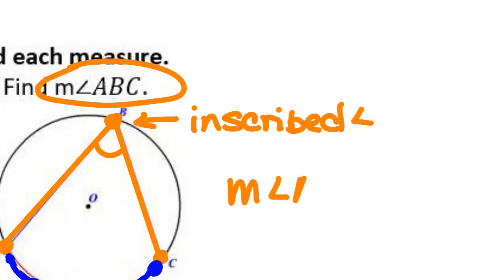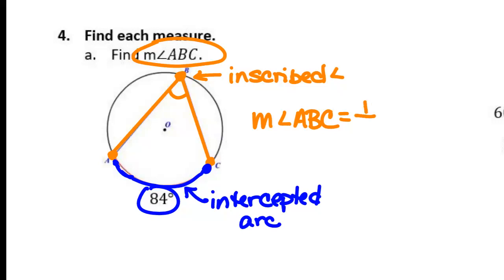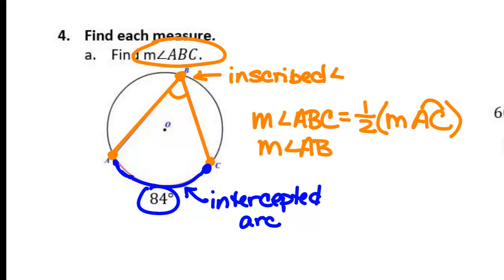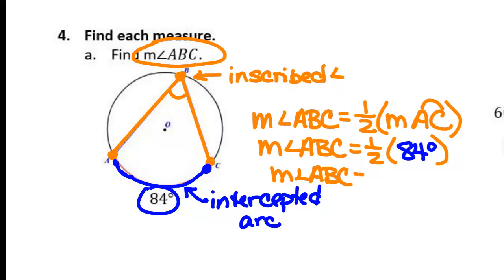The measure of angle ABC is half of the intercepted arc, so arc AC. So the measurement of angle ABC would be half of 84 degrees. And what is half of 84 degrees? 42. So angle ABC is 42 degrees.